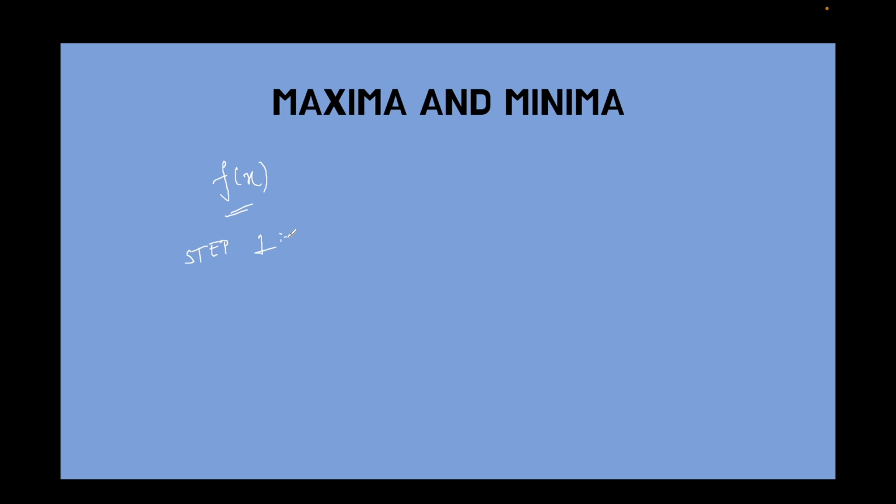You will differentiate the function. If you want to find the maxima and minima, just differentiate. Even if you have sine, cos, tan, log, even e power x, anything, don't worry, just differentiate that function. Now we'll go for step 2.